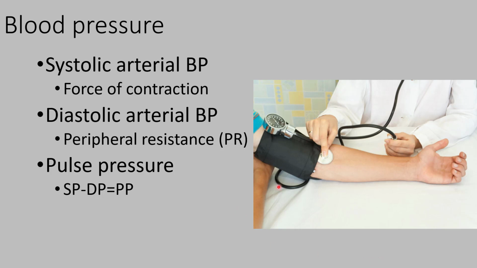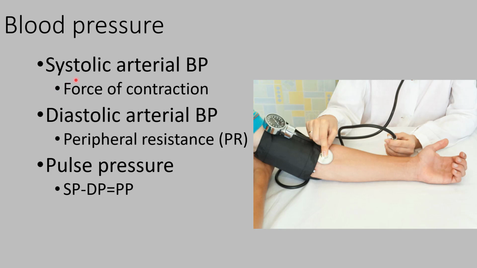So, blood pressure. Normally we see it written in the form of 120/80 millimeters of mercury or something similar to that. Now those two numbers, the top is called the systolic pressure and the bottom is called the diastolic pressure.